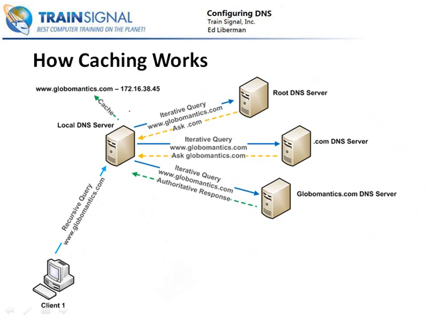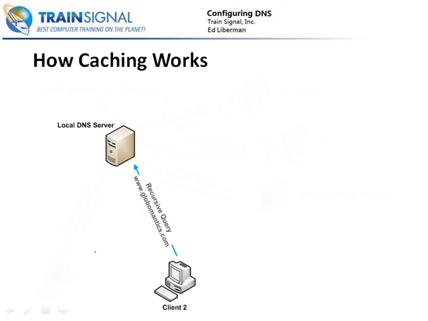What it does next is it puts that response into its local cache. It says, okay, I'm going to go ahead and store the fact that www.globalmantics.com is IP address 172.16.38.45. Then it goes on and sends that response back out to the client. Now the reason it did this is because now we have client 2 making another recursive query for www.globalmantics.com, the same name.